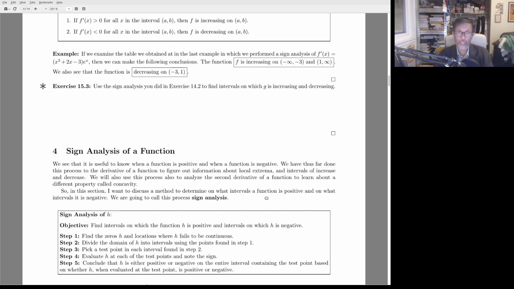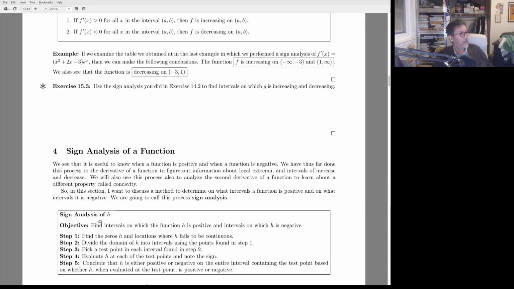Because based on what we just learned, the sign analysis of a function, which will tell us when a function is positive and when a function is negative, if we apply that sign analysis to f prime, then we learn the monotonicity of f. We learn on what intervals f is increasing and on what intervals f is decreasing. I give you in section 4 here a step-by-step process to find the sign analysis of a random function h.